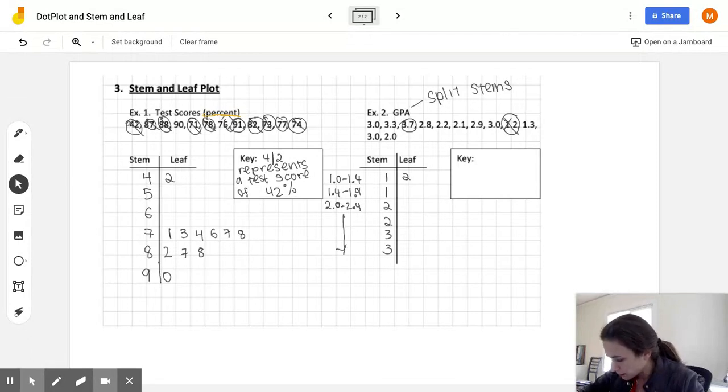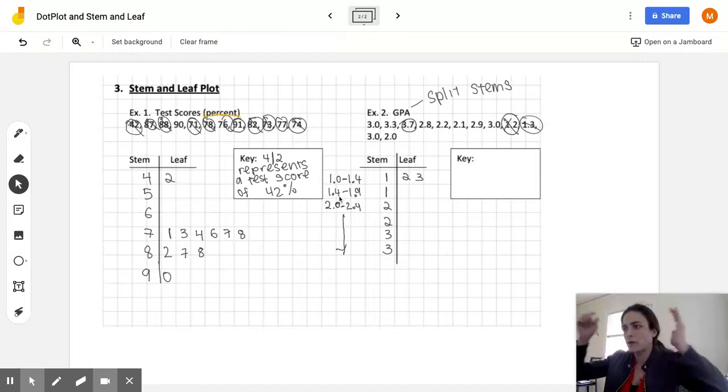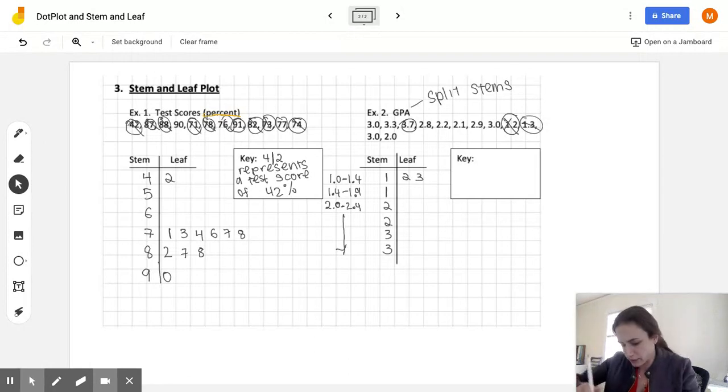So, do we have any? We have 1.3. Do we have any in the 1.5 to 1.9 range? Oops, I made a mistake right here. That should be a 5. It should be 0 through 4, 5 through 9. So do we have any in the 1.5 to 1.9 range? No, so keep going.